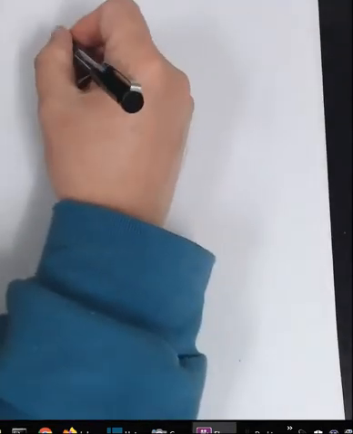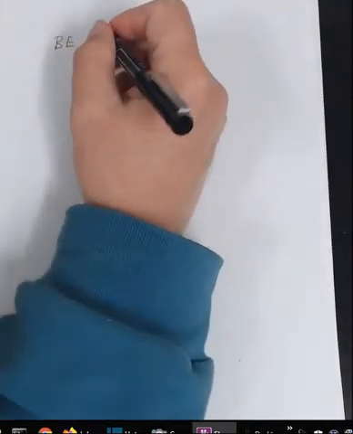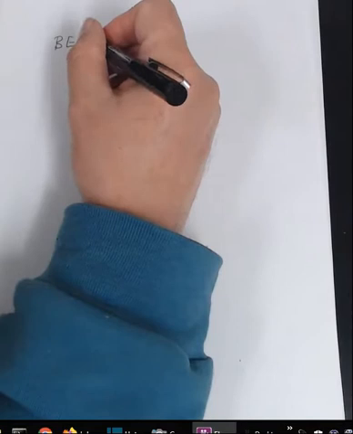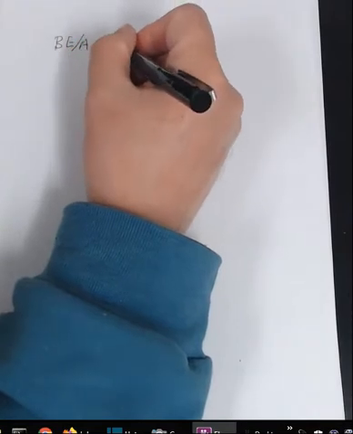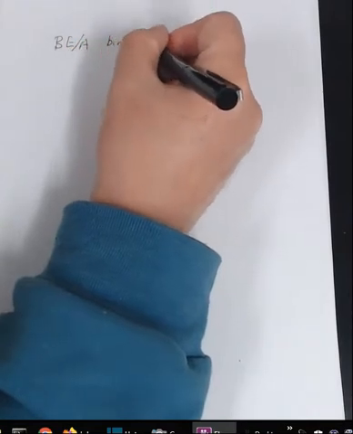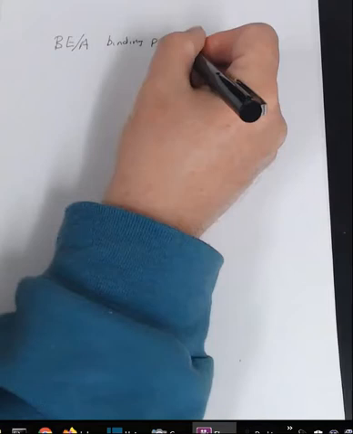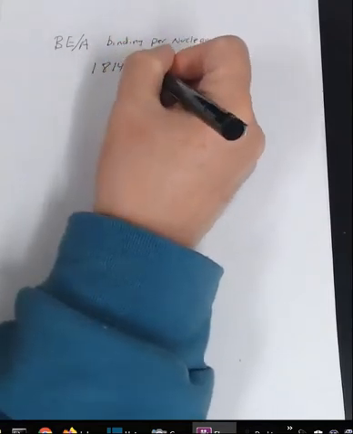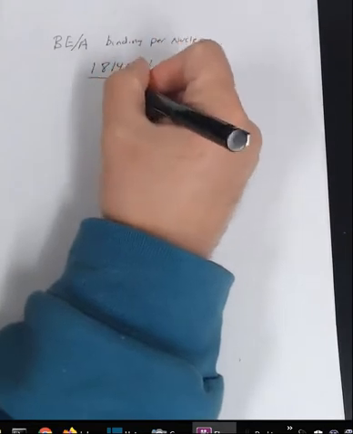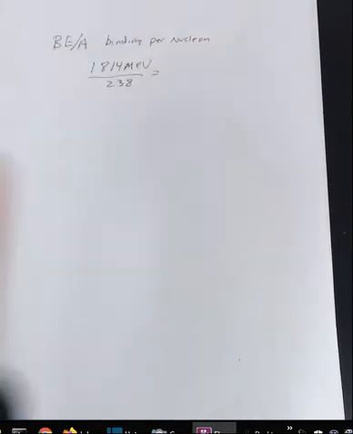So, binding energy per nucleon. For our uranium-238, there are 238 nucleons.